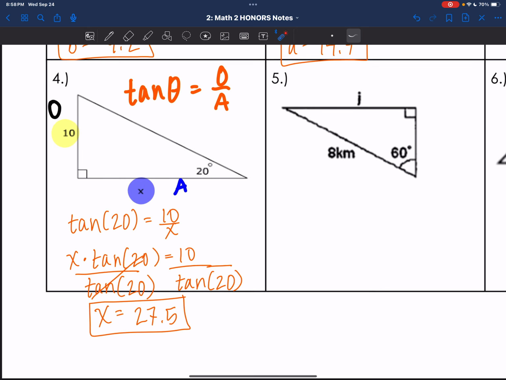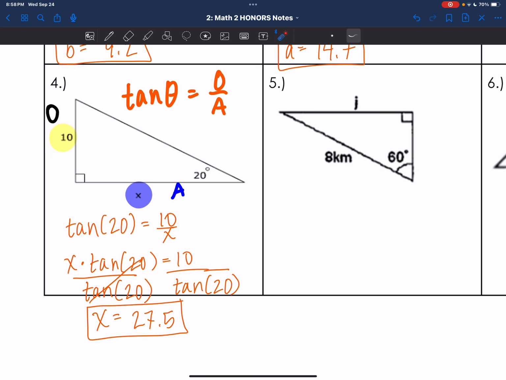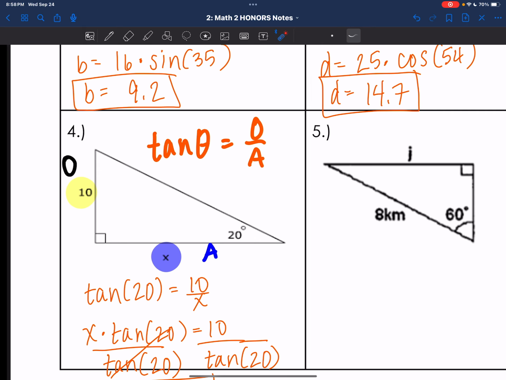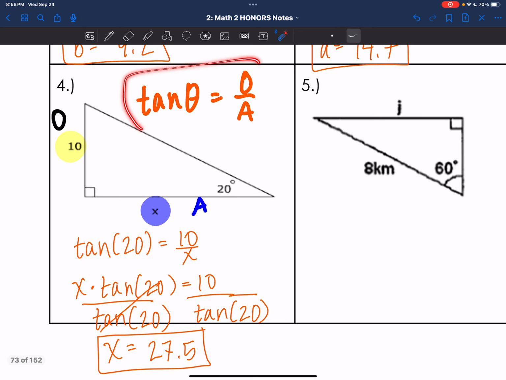Now this one, remember, is a little tricky, because from here you have your opposite, and from here you have your adjacent. Opposite and adjacent is tangent, so that's what I wrote here. Tangent of theta is opposite over adjacent.